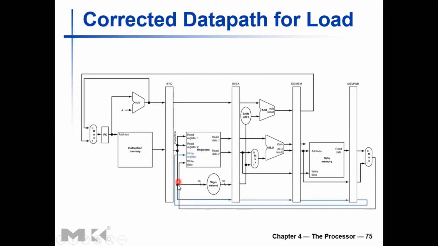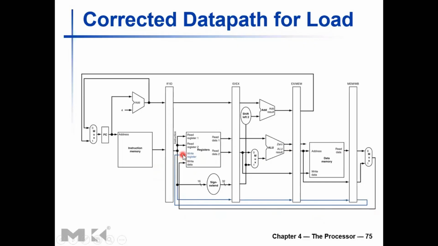We send the write register address, the register number, to the IDEX pipeline register, from there to the EXMEM pipeline register, from there to the MEM write back pipeline register, and from there to the write register port. So that write register address will be sent through the pipeline along with the instruction, the rest of the instruction operations, and made available at the write back stage. That is the correct way of doing it.